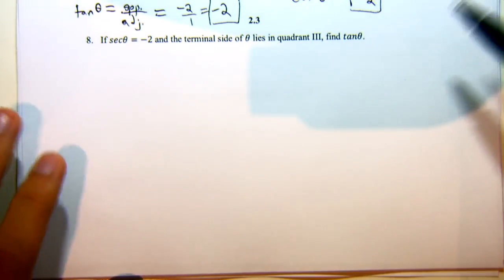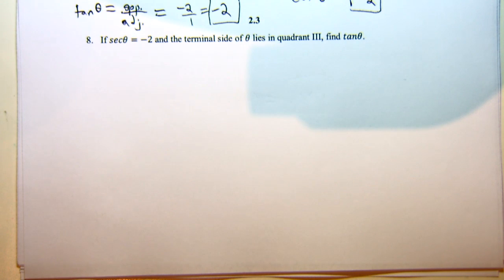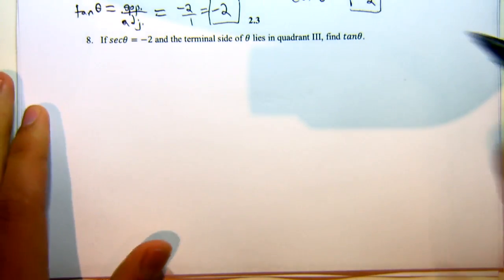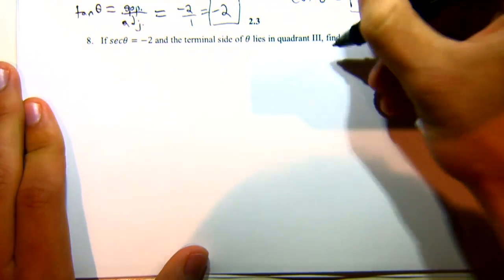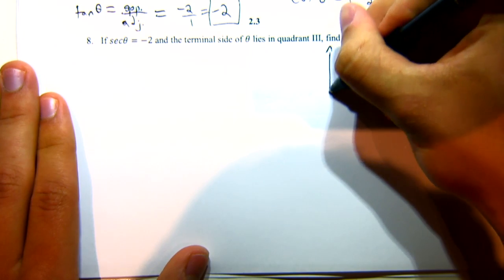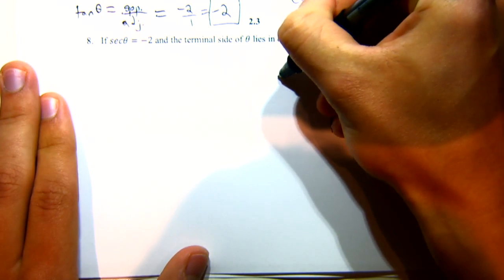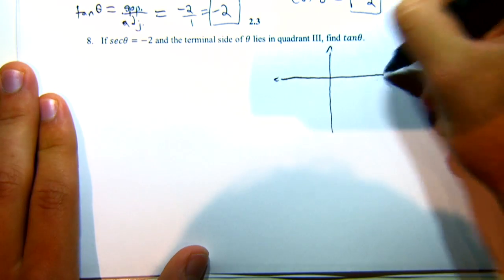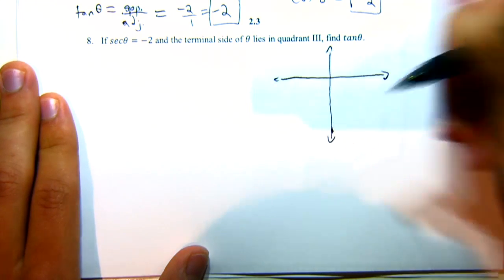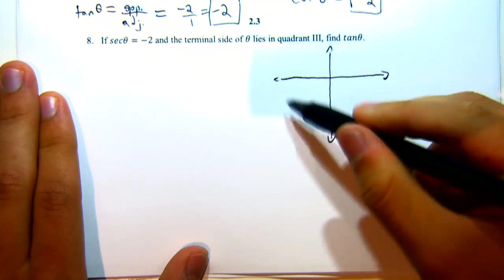So if secant theta equals negative 2 and the terminal side of theta lies in quadrant 3, find tangent of theta. So for this, let's go ahead and draw a triangle in quadrant 3. So quadrant 3 is going to be this quadrant right here.